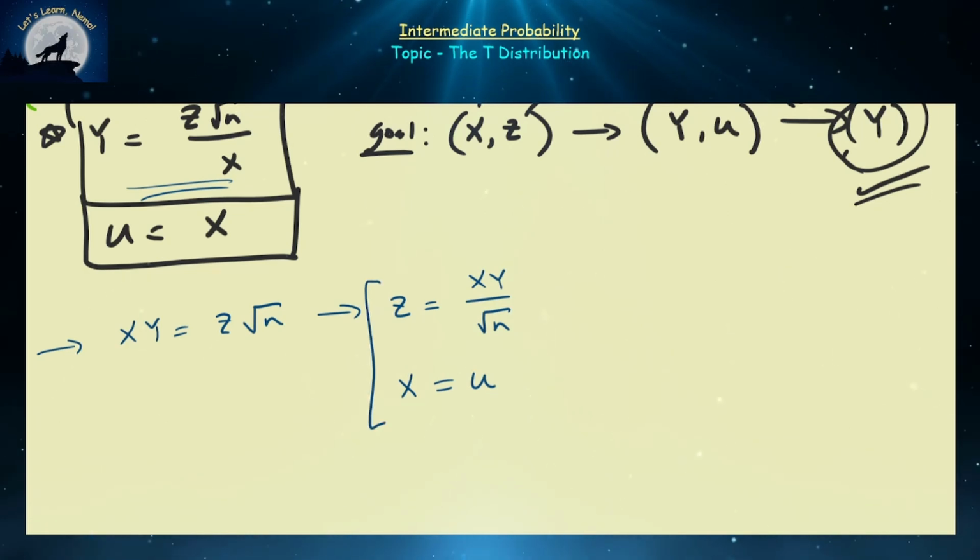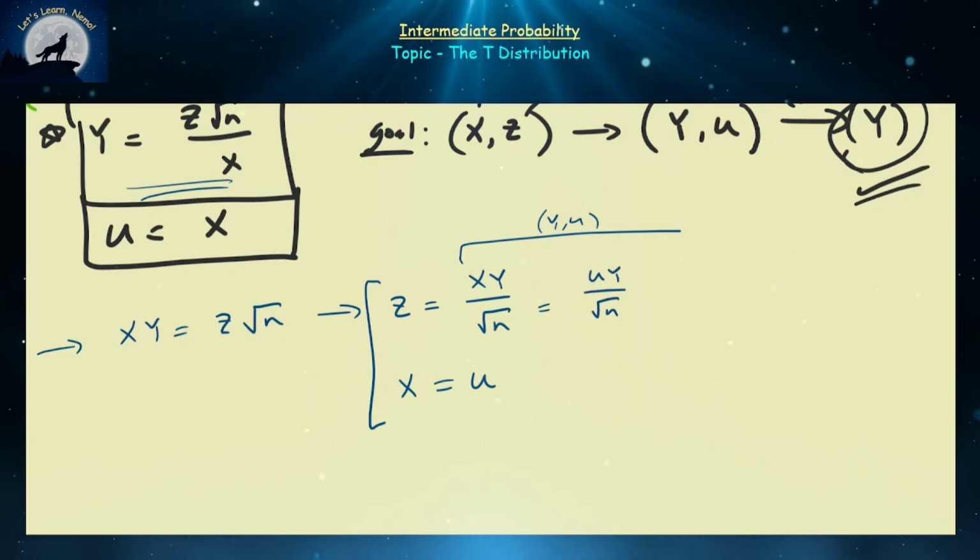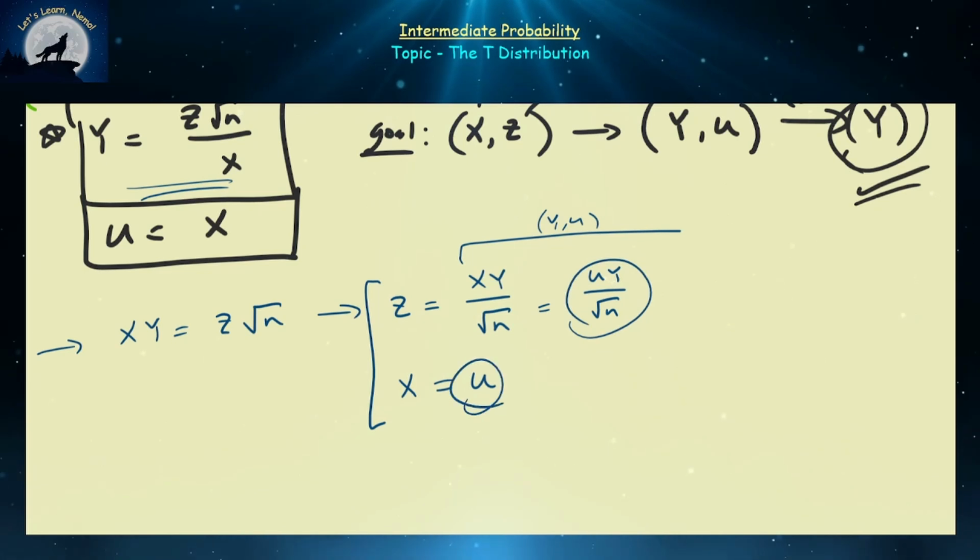Again, we're going to the yu world, so you should only see y and u on the right-hand side of this equation. So we have xy, but x is the same as u, so we're just going to write this as uy all over the square root of n. So z goes to uy over root n, and x goes to u, and that's going to be our transformation.